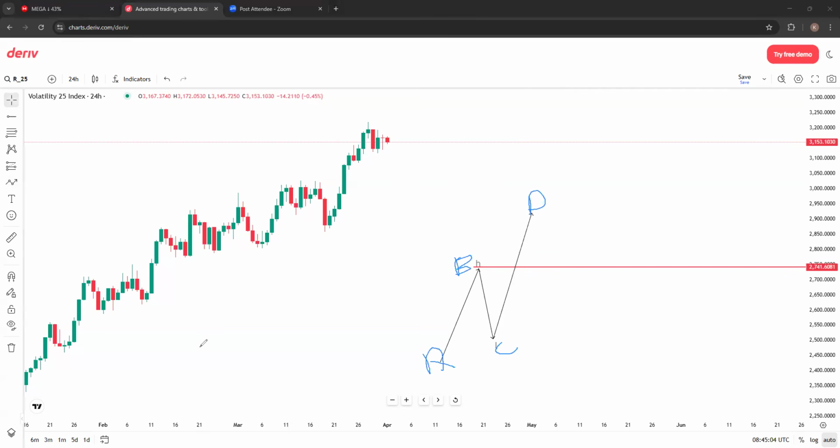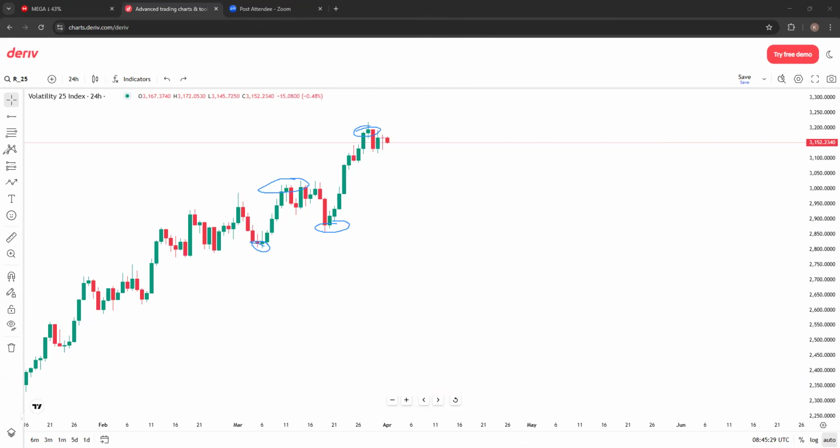What do I mean by that? Let's go and look on the actual chart, and it's so fortunate we have an actual chart over here. So here we see that we have our A and our B, and we have our C and our D. Our A being a low, our B being a high, our C being a low, and our D being a newly made high.